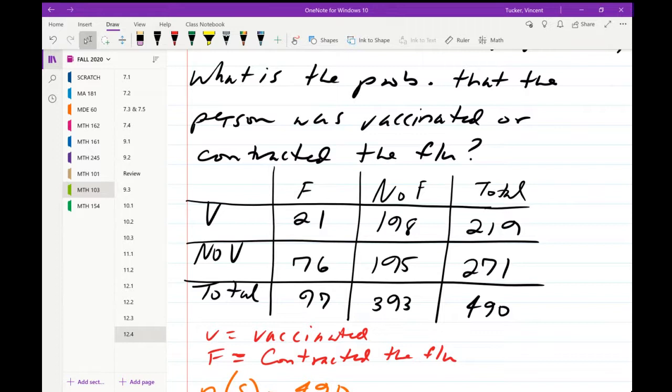So that 21 represents those who are vaccinated and contracted the flu. 198 vaccinated with no flu. 219 are the total number of those who were vaccinated. Then you have 76, no vaccination but contracted the flu. 195, no vaccination and no flu. 271 are those who were not vaccinated. And then you see your total numbers down bottom.